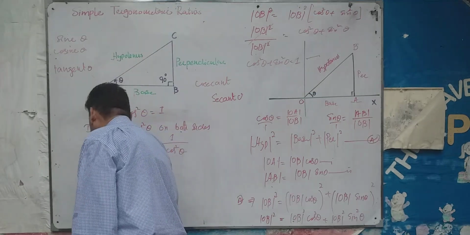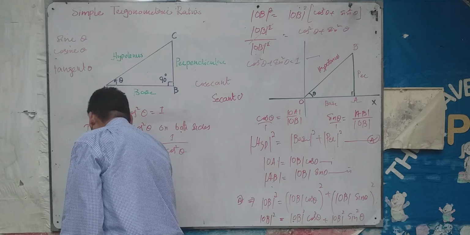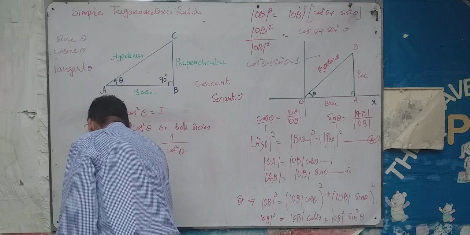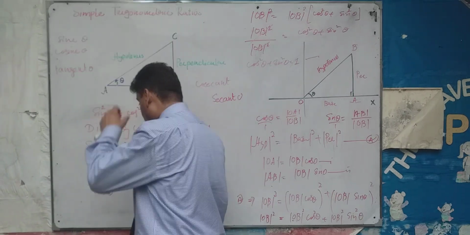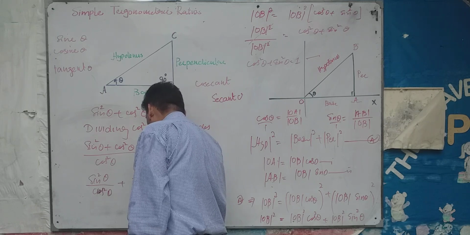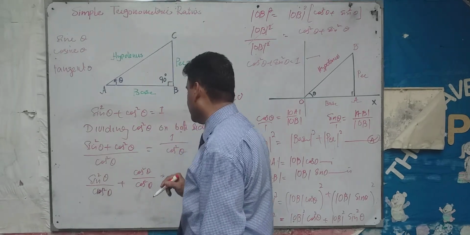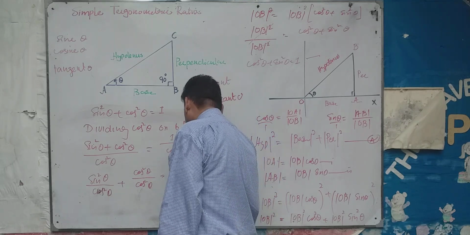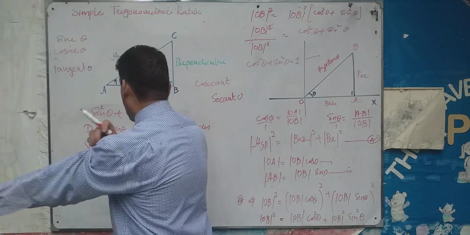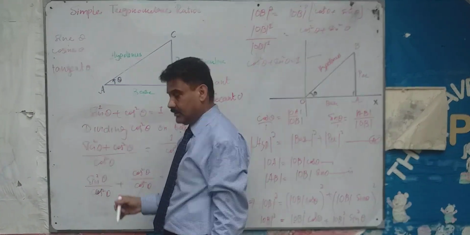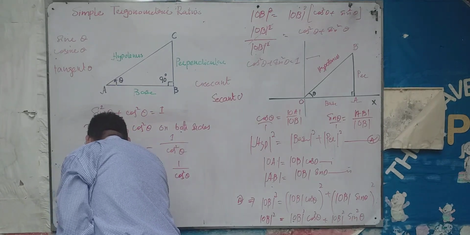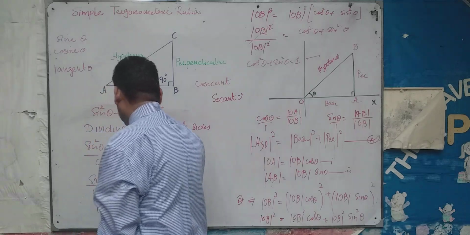Here we write sin squared theta by cos squared theta plus cos squared theta by cos squared theta is equal to 1 by cos squared theta. Sin by cos is tan, so we write tan squared theta. These will cancel each other.